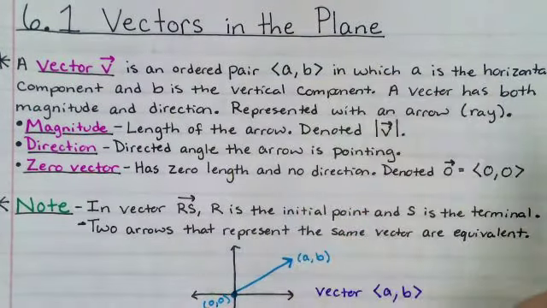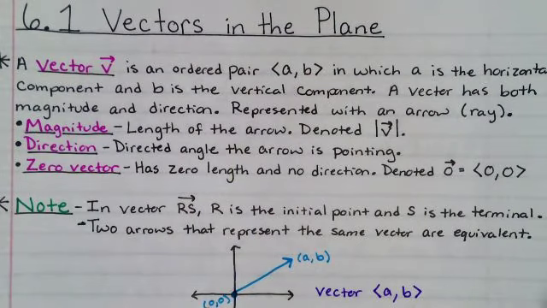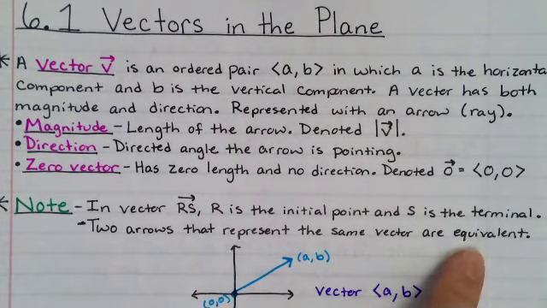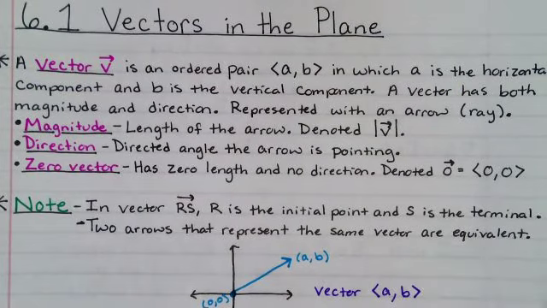All right. And our other one here, this idea just says two arrows that represent the same vector can be equivalent. So if you see that they have both the same magnitude and the same direction, then you're going to see that they are equivalent. You think of two cars going down the road side by side, going at the same speed. They've got the same direction. They've got the same magnitude. They are technically equivalent.